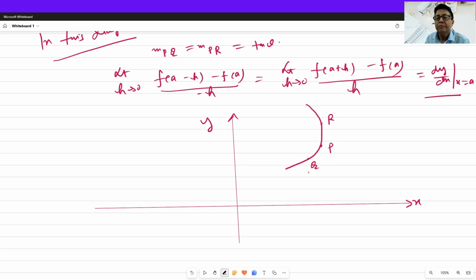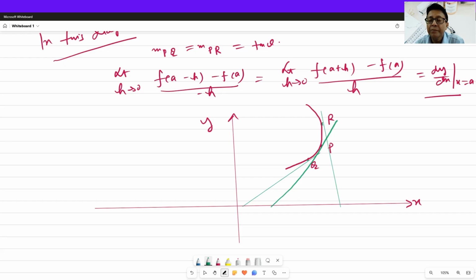Okay? You can easily draw a tangent at the point R. You can easily draw a tangent at the point Q. You have drawn a tangent at the point P also.